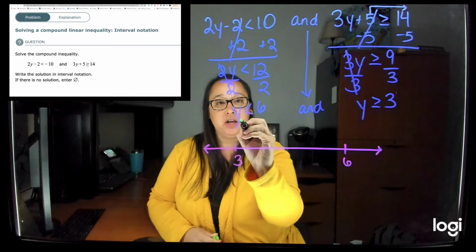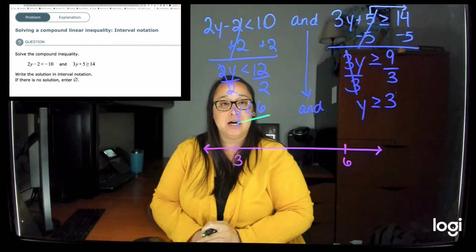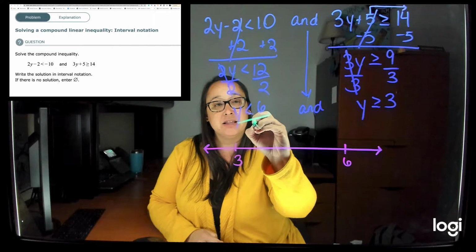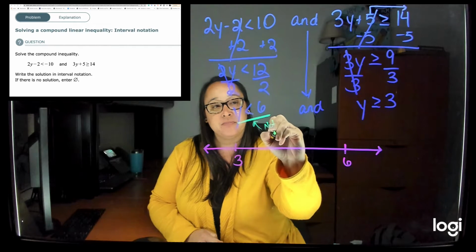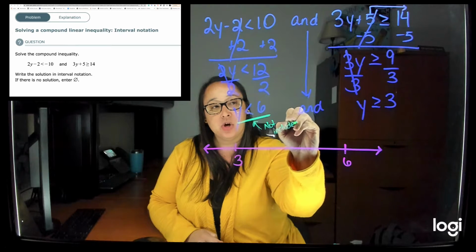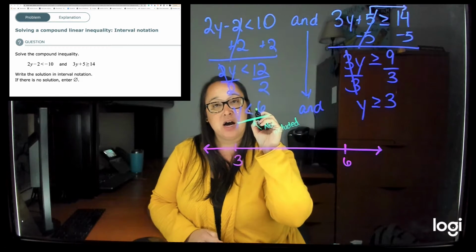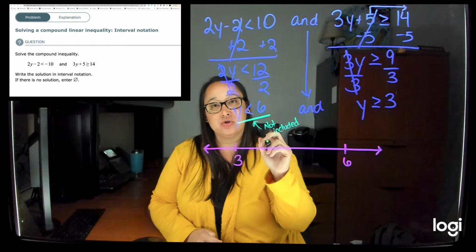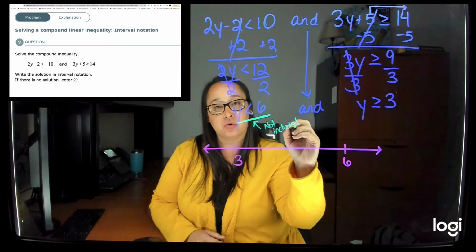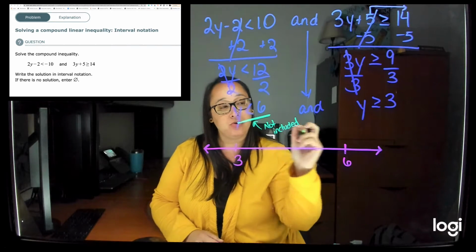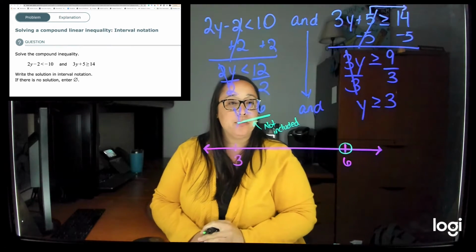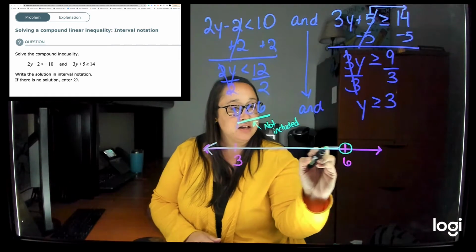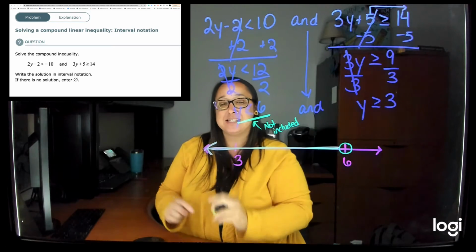So let's use green for y is less than 6. That less than sign is going to mean that 6 is not included. So when you have a strictly less than or greater than sign, you want to use the open circle when you plot that point on your number line. So for me, I'm going to put an open circle on 6, and I am going to shade everything less than 6.